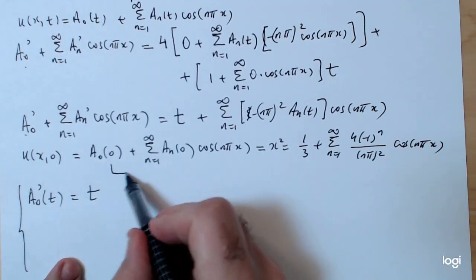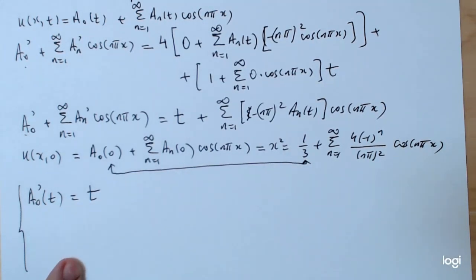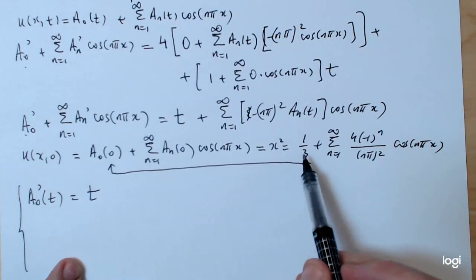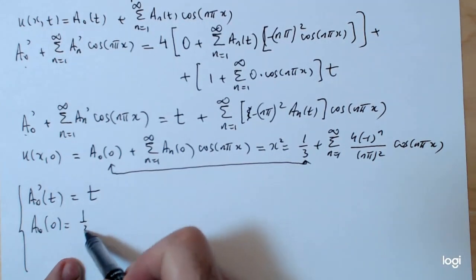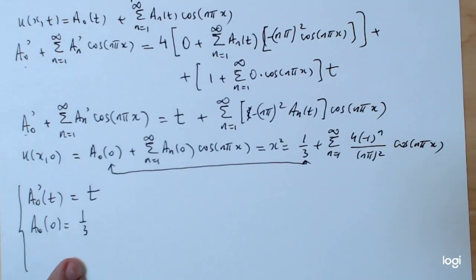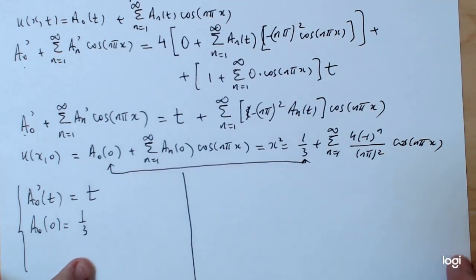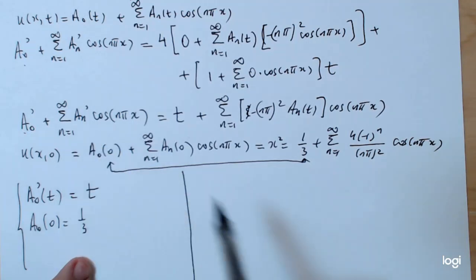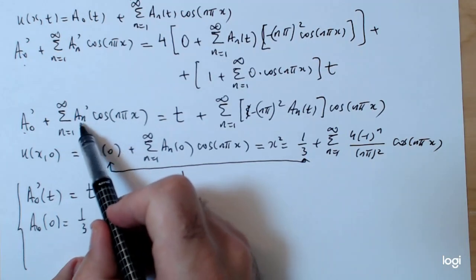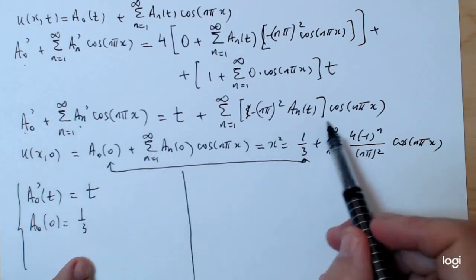And the corresponding initial value for a naught comes from matching a naught of 0 with 1/3 from the initial condition. So a naught of 0 equals 1/3. All right, that's the equation that gives you a naught of t. A n prime of t comes from, going all the way back here, matching the coefficient of cosine over here with the coefficient of cosine on the right side.